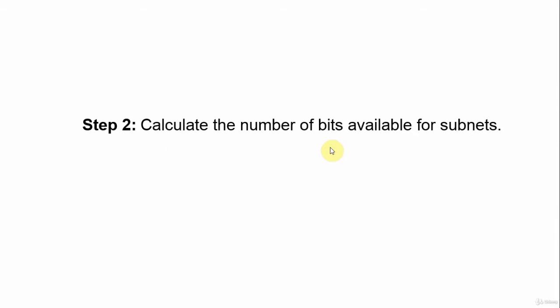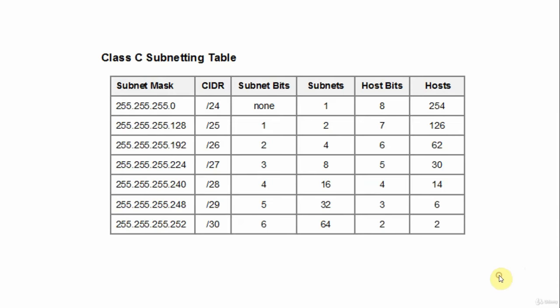And step 2, calculate the number of bits available for subnets. This is kind of key too, because there are often a lot of WAN links connecting branch offices, so you want lots of subnets. I've got 6 bits available for subnets, for a maximum of 64 subnets. So think of it as 64 branch offices, and I can connect up 64. I only want 10, so there's lots of room for expansion, for scalability.